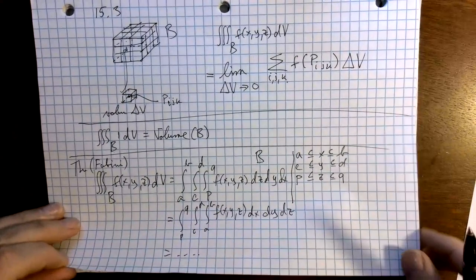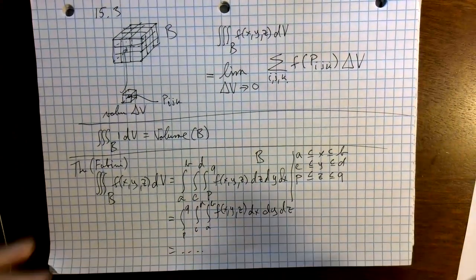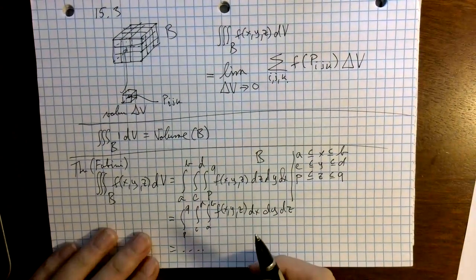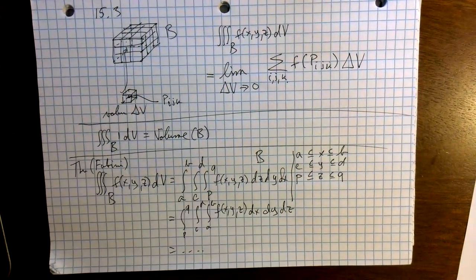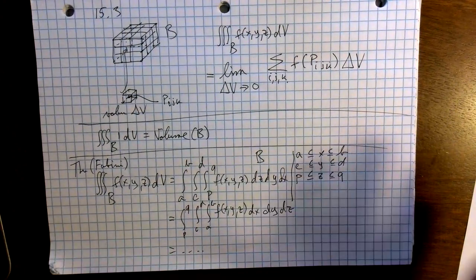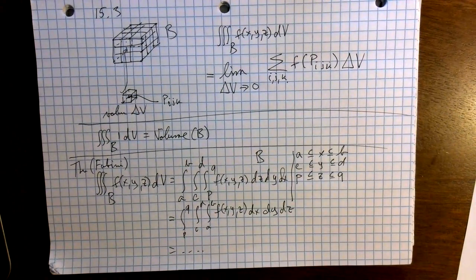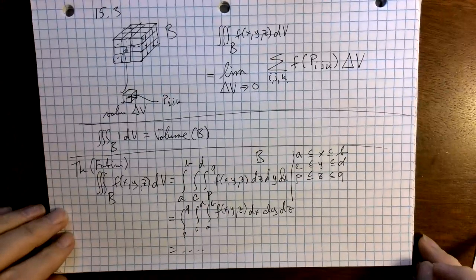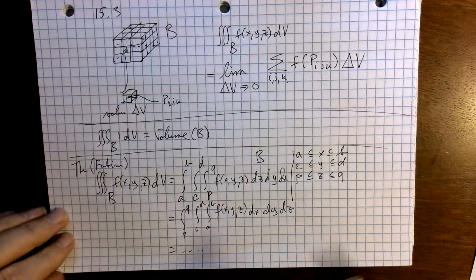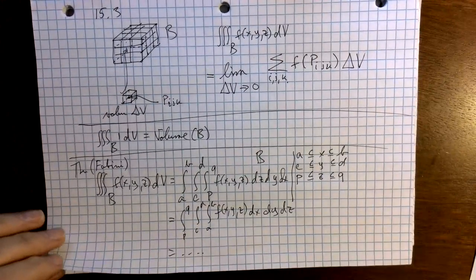You couldn't do anything with that expression. You have to be a little bit more careful. Well, for a box it's easy. It's just like for a rectangle. We just switch the integrals, right? Just for a box.